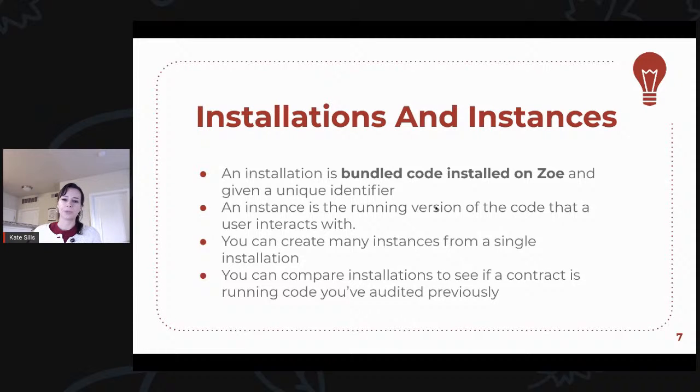So instead of it just being a contract address that determines what code is running where, in Zoe, each running instance has an installation, an identifier for that particular code. And the instance is the running version of the code that a user interacts with. So you can create many instances from the same installation.